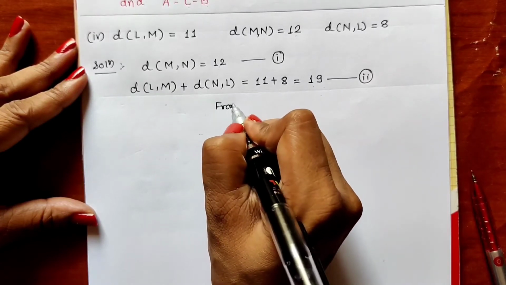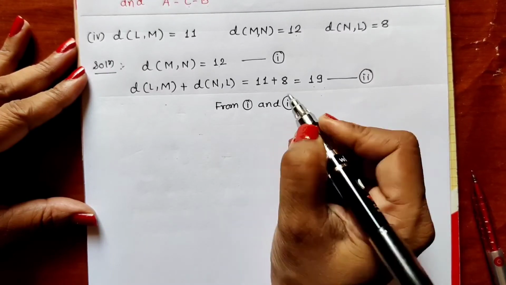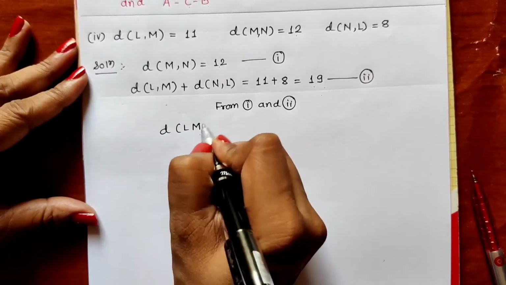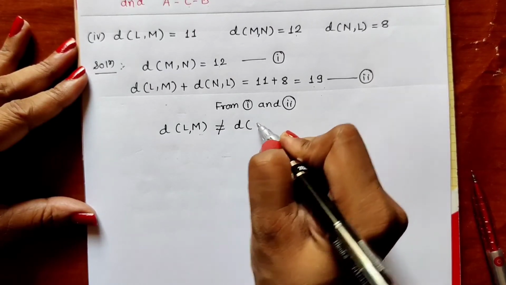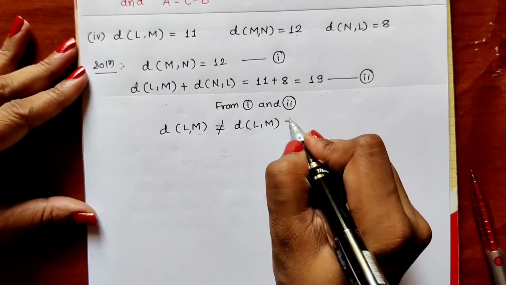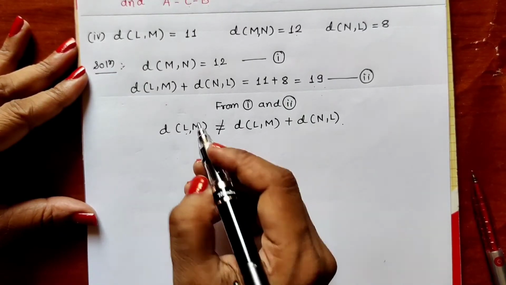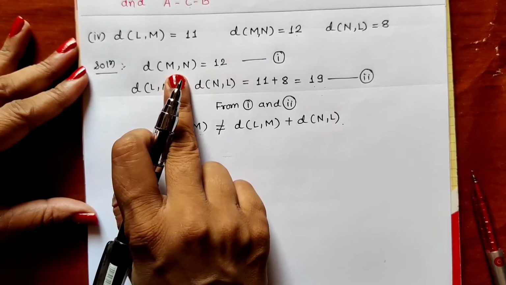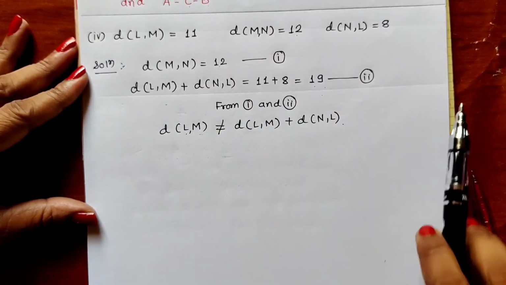So we write from equations 1 and 2, distance MN, the biggest distance, the longest distance, is not equal to the sum of the remaining 2 distances, that means distance LM plus distance NL. Here what should I write? MN. Okay, I will make the correction here: distance MN is not equal to distance LM plus NL. So let us make the correction here.